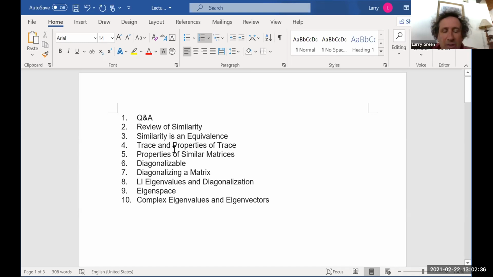And then we'll talk about the trace of a matrix. I mentioned it before. You've had a homework problem on it, but now we're going to get more involved in the trace. Nice thing about the trace is it's easy, and it has some nice properties. Then we'll get into the properties of similar matrices. And then we're going to move into a big application, although it's more of a math application, but lots of other applications use it.